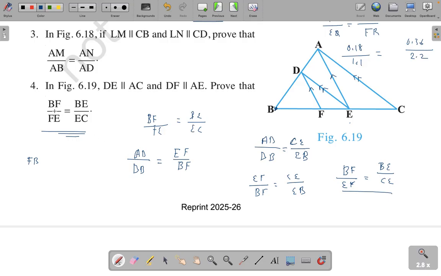Say they say BF upon FE, right? So I should have written BF upon FE here, and not FB upon EF. So it is always better to start from what they have given. But if you are not able to, then there's no issue. At the end, you can always flip, because they mean the same thing. Either you take FB or BF, they are the same line segment. Okay?